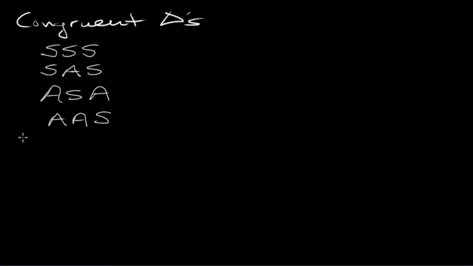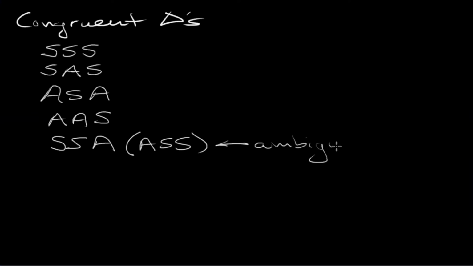Yes, but there is one other case that we have to be careful about, because I don't know if you guys remember, you can't use this one because if you reverse the order, it spells a bad word. So this one is a bad thing. This is the ambiguous case. You have to be really careful with this one.